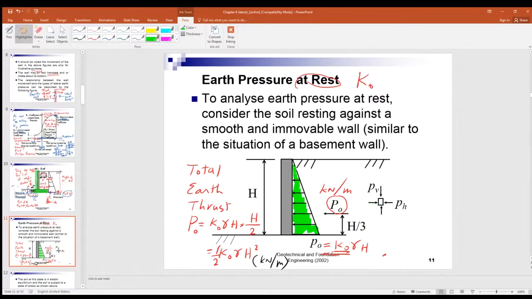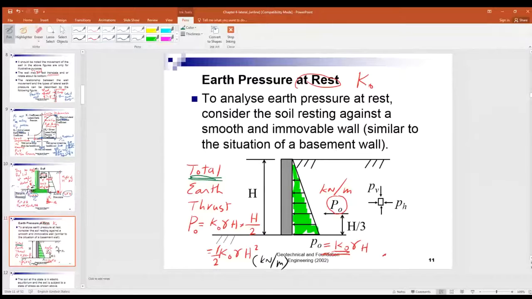Now, for a triangular pressure distribution, you can work out the total force. So that's the total force, the total earth thrust, which is equal to the area of that green triangle. So what's the area of a triangle?